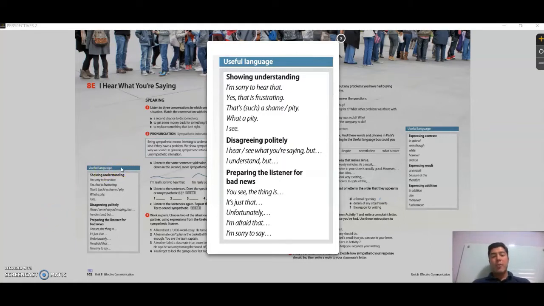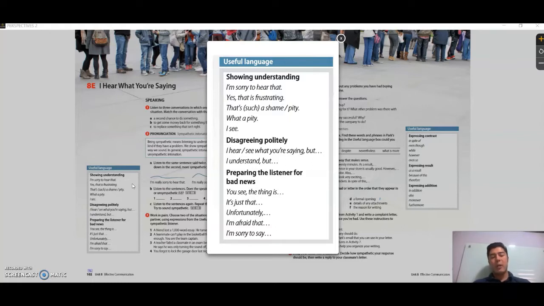Then we have preparing the listener for bad news. As it says, we prepare the other person to hear bad news from our part. So the examples are, you see, the thing is, it's just that, unfortunately, I'm afraid that, I'm sorry to say.